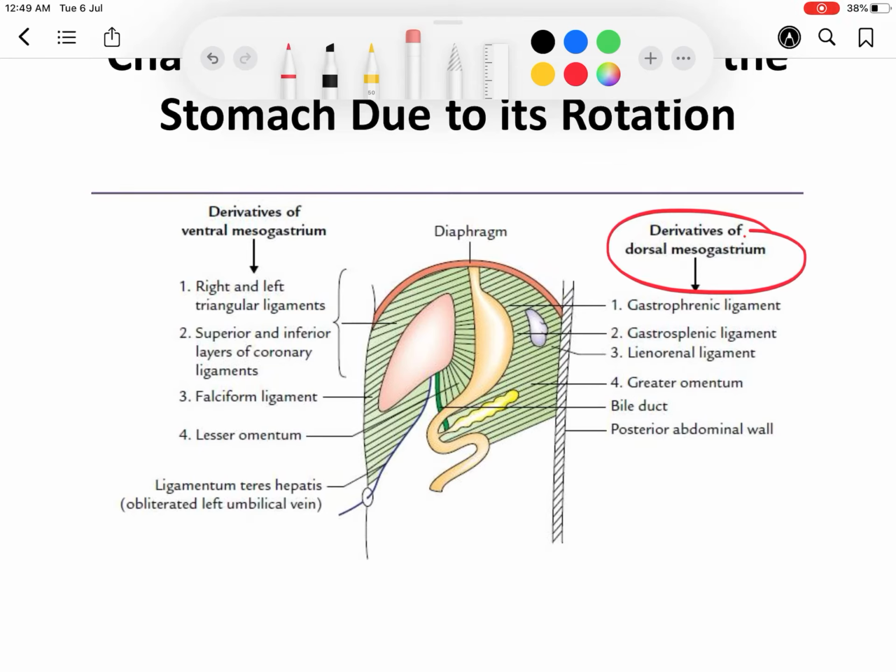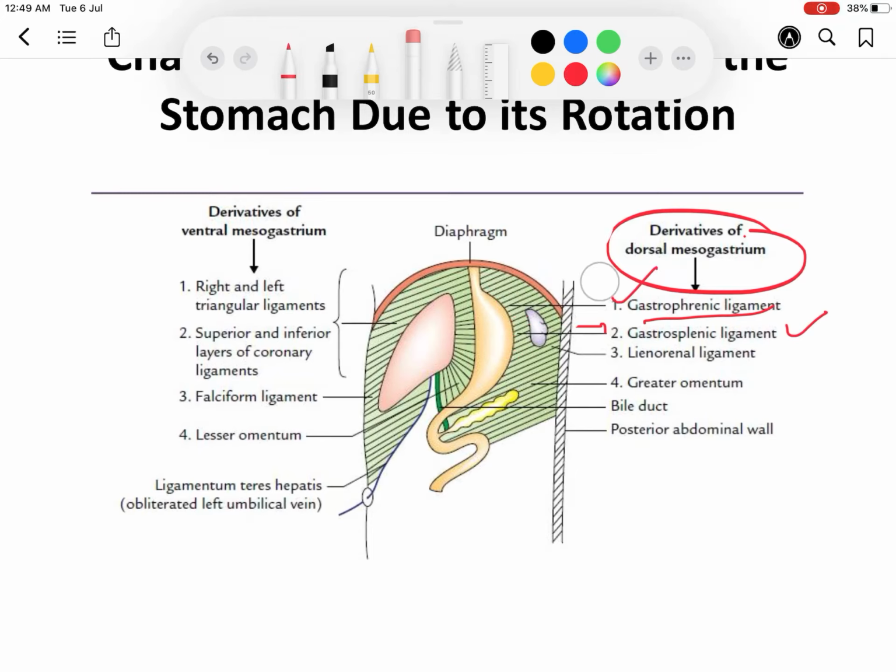The part of the omentum which is behind the stomach is called the dorsal mesogastrium, which is divided by the developing spleen into two parts. The part anterior to it will form the gastrosplenic ligament, and the part of the dorsal mesogastrium between the stomach and diaphragm is called the gastrophrenic ligament.